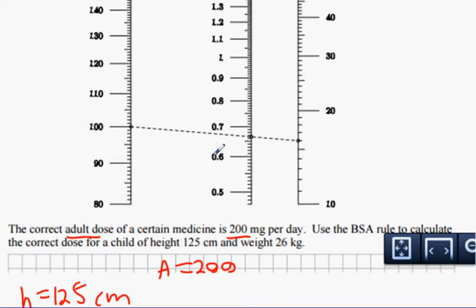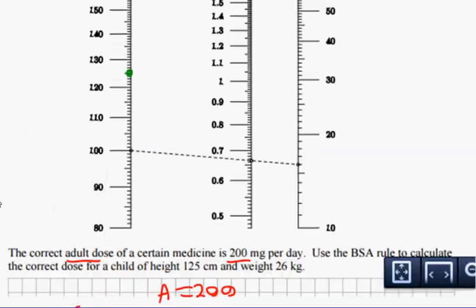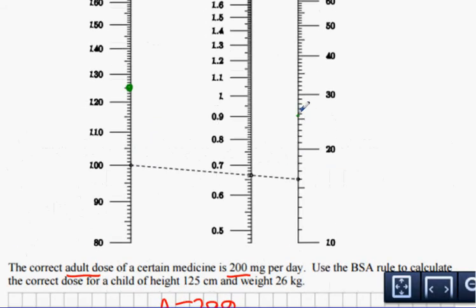So where's 125, guys? Centimeters tall. Where is it? Right there. I then go to 26 kilograms, which is here. I then link them together via a straight line. And then what I can see here is that it crosses halfway between 0.9 and 1. That gives me a BSA of 0.95.